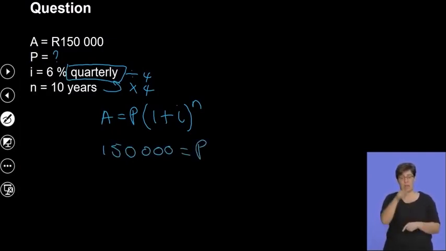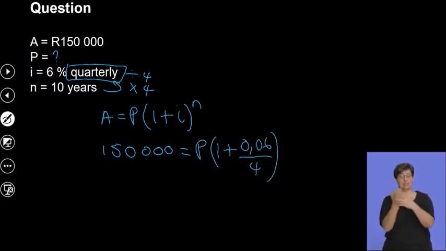I know I said he invested an X amount, but you must not substitute X here; leave it as P because it represents a principal amount. 1 plus the interest, which is 0.06, compounded quarterly, to the exponent of 10 multiplied by 4.